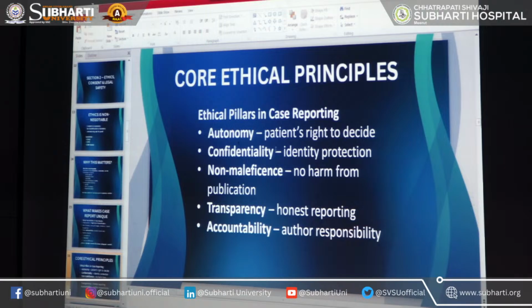These things may lead to harm. So, third, transparency: honest reporting. Whatever the course of the stay, whether you are treating the patient on an OPD basis or IPD basis, there should be transparency.